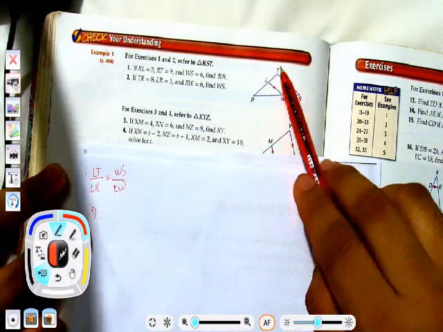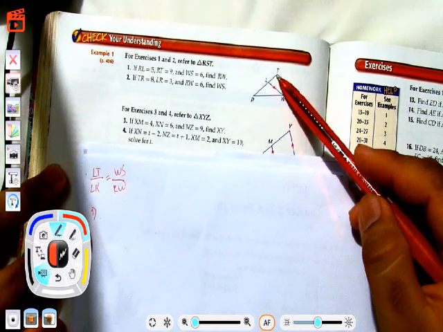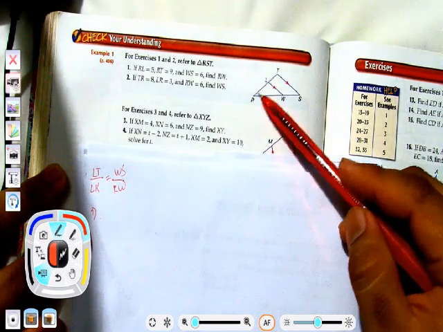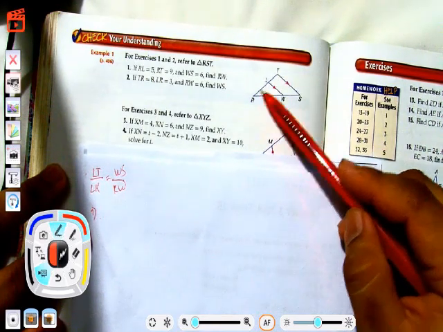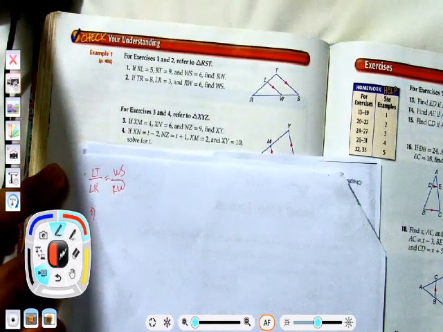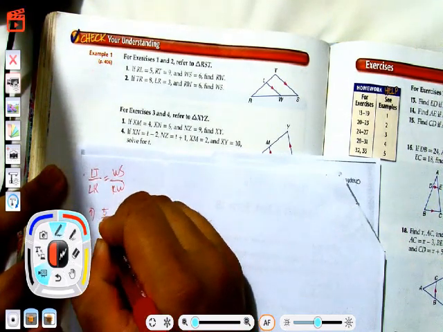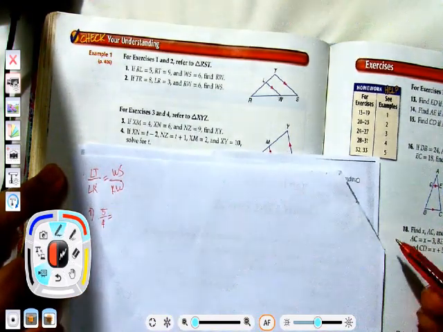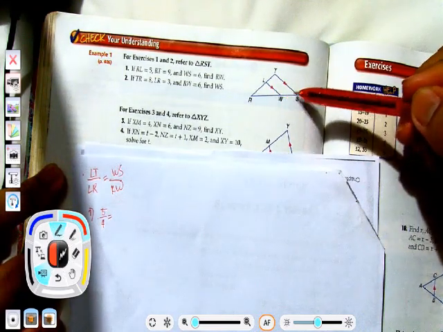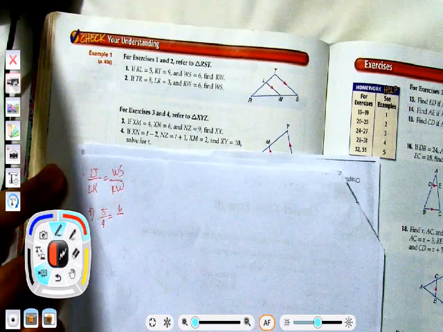So that RT would help us find LT. If this whole thing is 9 and this is 5, therefore this is, yes, thank you for answering, it's 4. So that becomes 5 over 4 equals WS, numerator 6 over RW. That is what we're looking for.